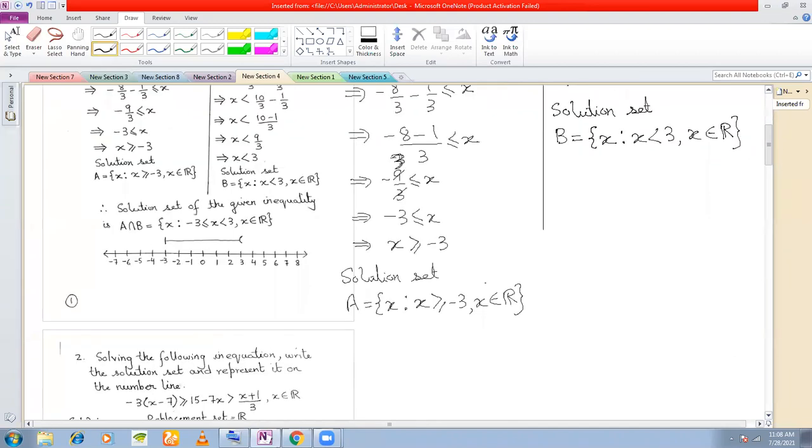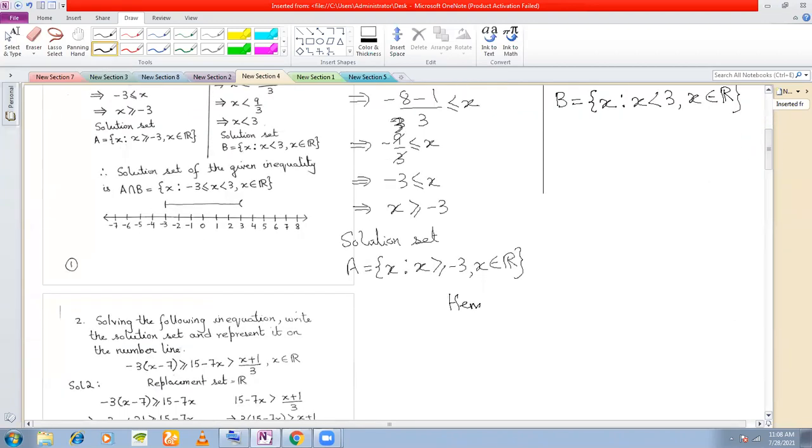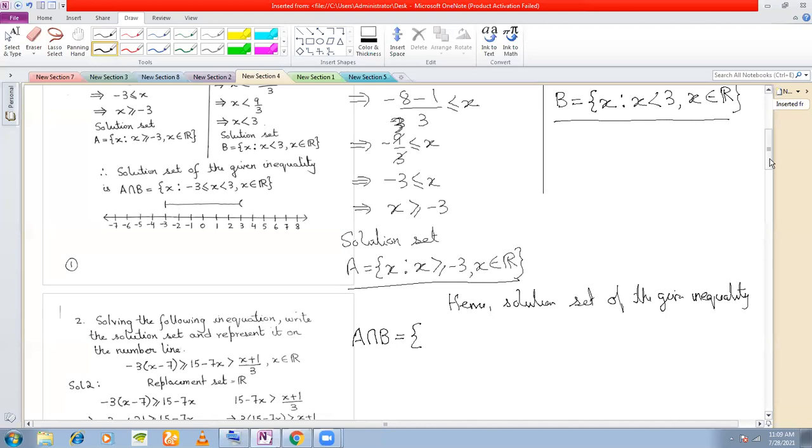So hence the solution set of the given inequality will be, see, the solution set of this inequality is this, and the solution of the second inequality is this. Therefore, you take the intersection of these two sets. A intersection B is equal to, what should be the intersection of these two sets? x is greater than -3.